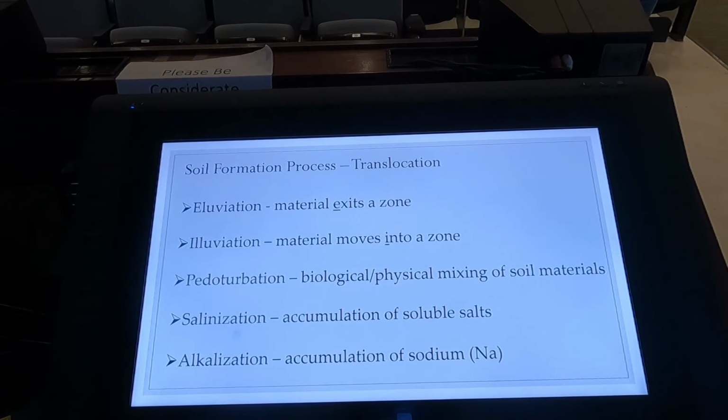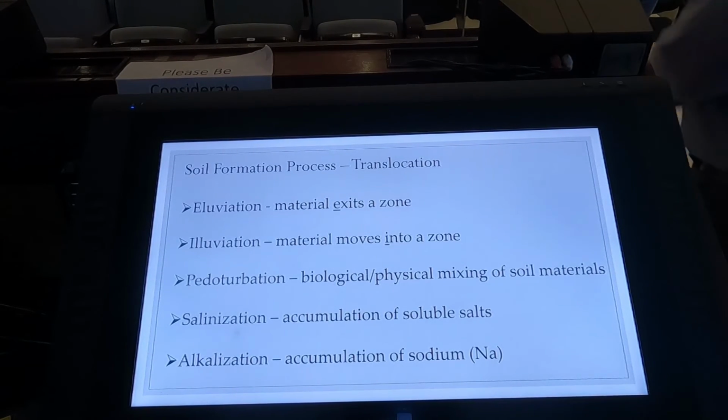And then finally, alkalization, being more specifically the accumulation of sodium. And this is going to be more likely in our more arid climates, such as deserts. Those weathering processes have not happened. There are not a lot of additions.